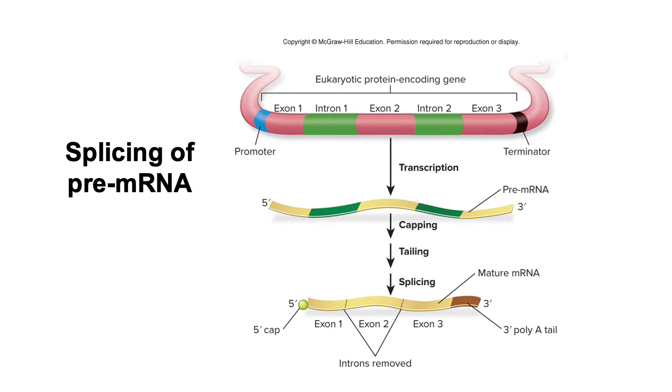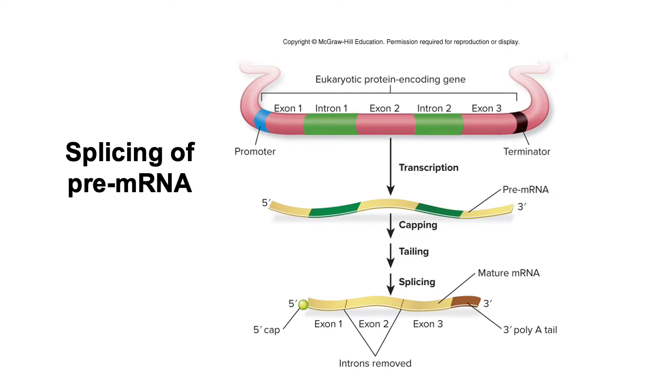In the conversion of the pre-mRNA to the mature mRNA, those green sequences, or introns, are spliced out and removed, and then the exons, or those expressed sequences labeled exon 1, 2, and 3 there, are joined together or linked together to form the mature messenger RNA.